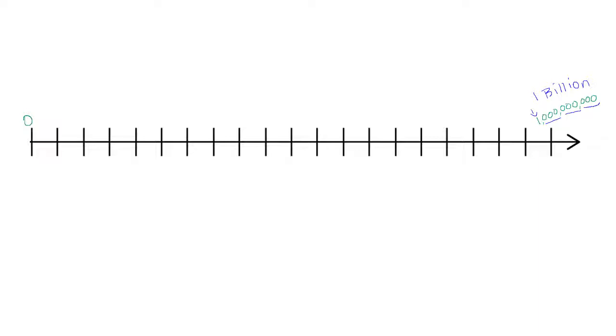Your task is to find a spot on the number line where you think 1 million is going to live. Tricky, hey? How would you put a million on this number line? Where do you think it lives? So let's do some guessing.